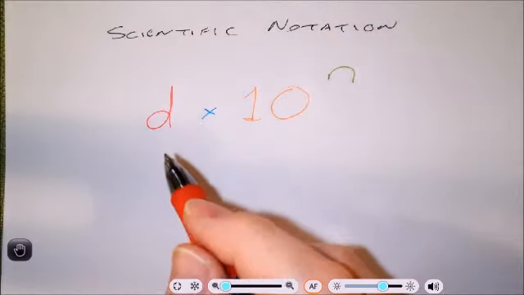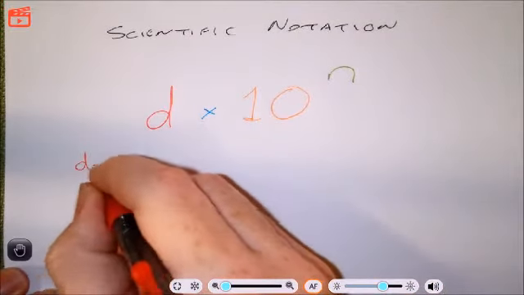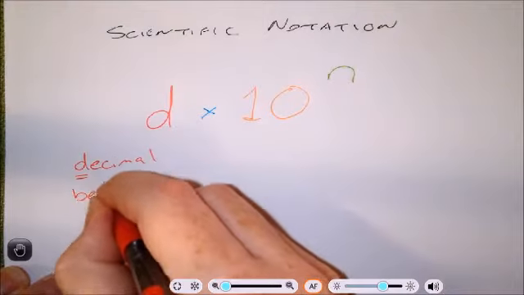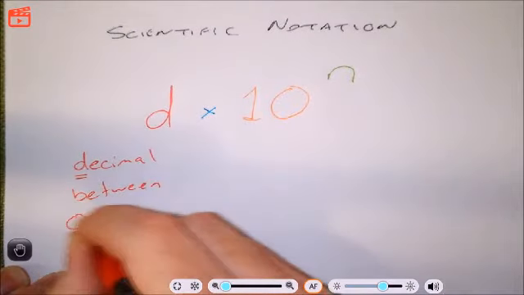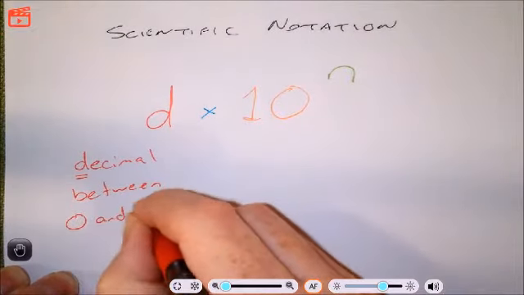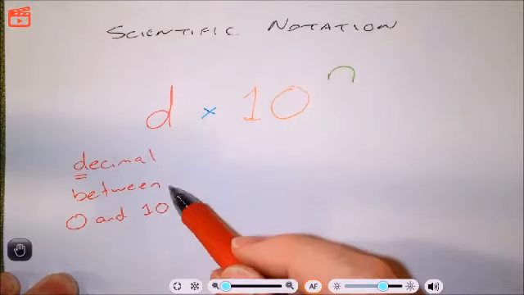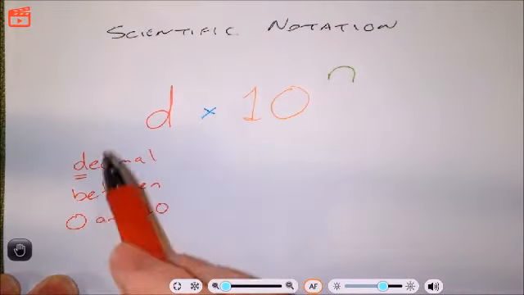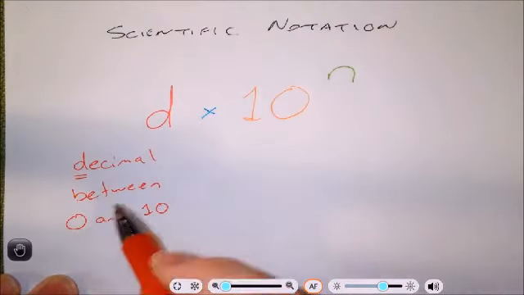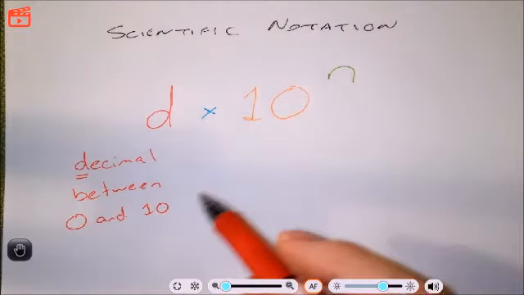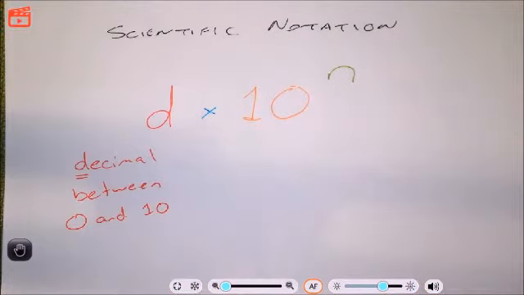The D is a decimal number, hence why they picked the D, between 0 and 10. So it cannot be smaller than 1, and it cannot be 10 or bigger. It has to be a decimal number that is 1 or bigger and smaller than 10.